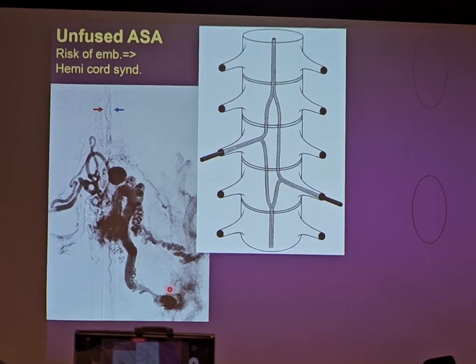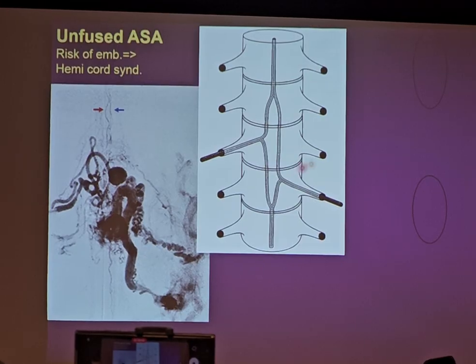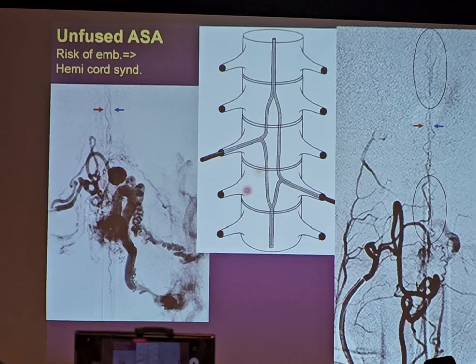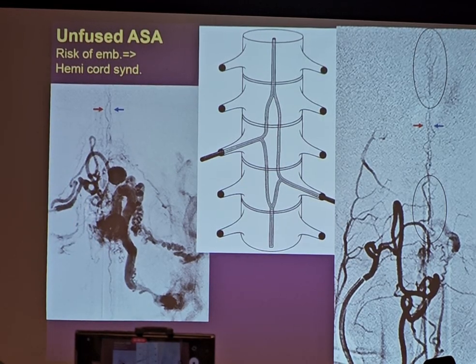Last thing before we finish: the unfused segment is clearly seen more in the spinal segment. You can see this is a long unfused segment of the ventral spinal artery. As I told you, this is another example of a long unfused segment of the system.